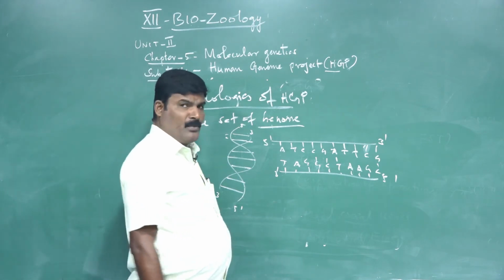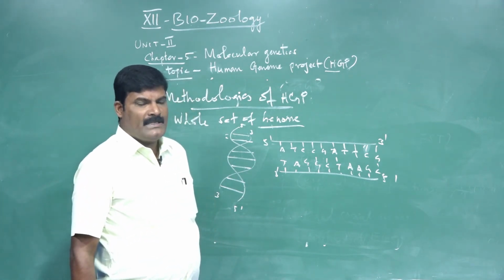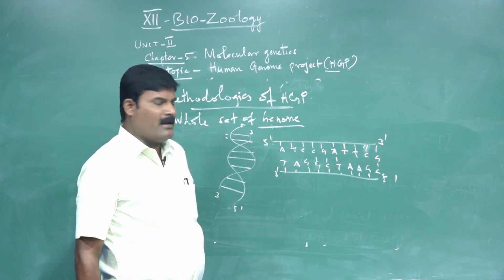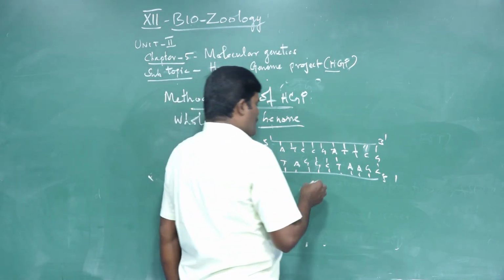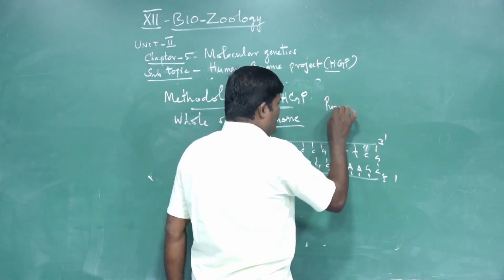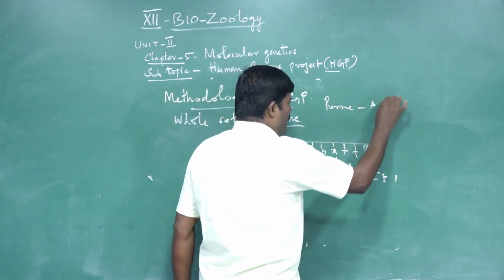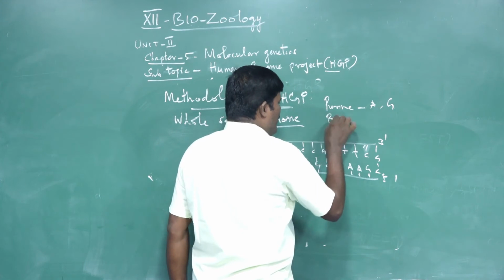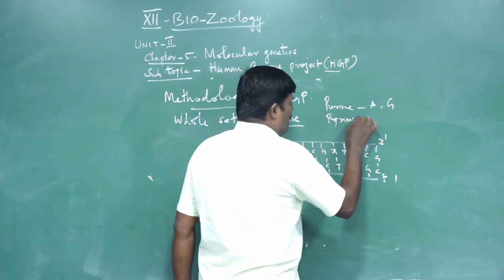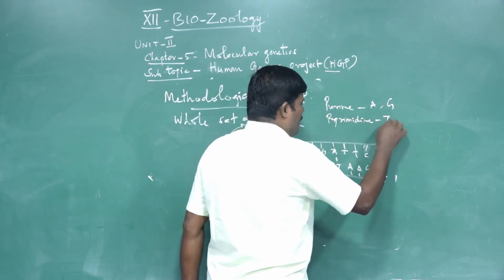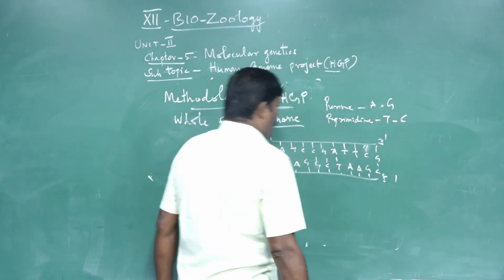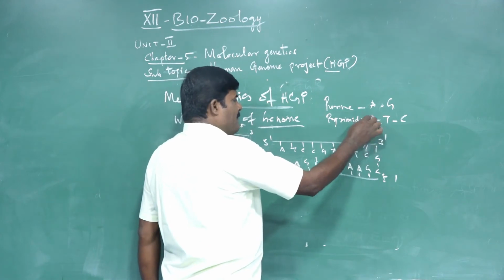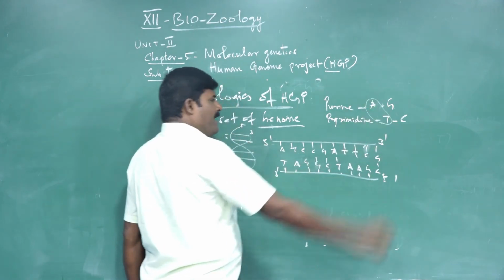Adenine and guanine are purines. Thymine and cytosine are pyrimidines. So here, how is a base pair made up? Adenine always combines with thymine.